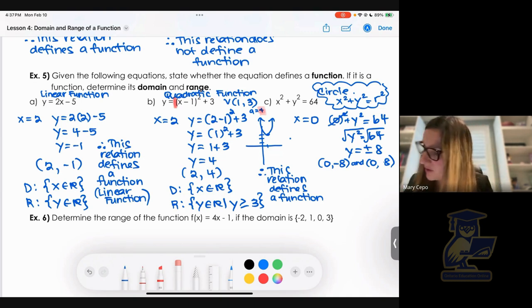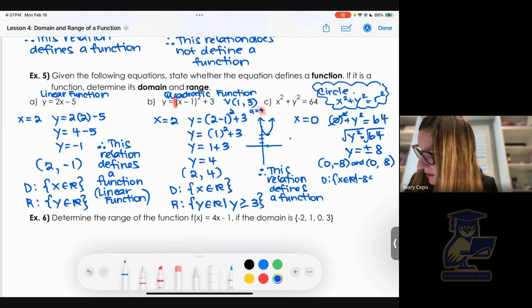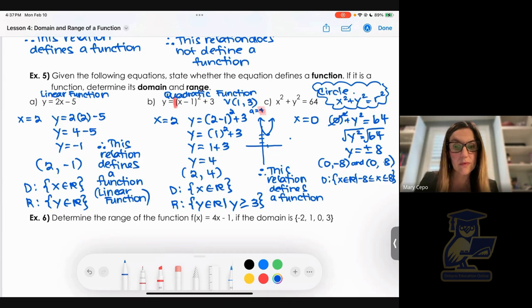So therefore this relation is not a function, but what is my domain? With that radius, which is critical, we know domain would be x can be any number, but it has to be greater than negative 8, but less than positive 8. Okay, range, same idea. Y is an element of real.